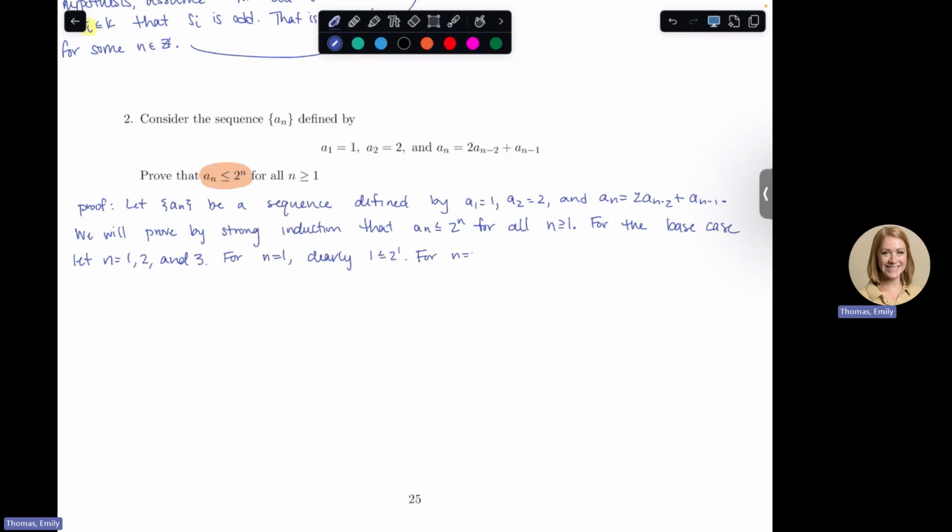For n equals 2, we have 2 less than or equal to 2 squared. Now A sub 3 is equal to 2 times 1 plus 2.